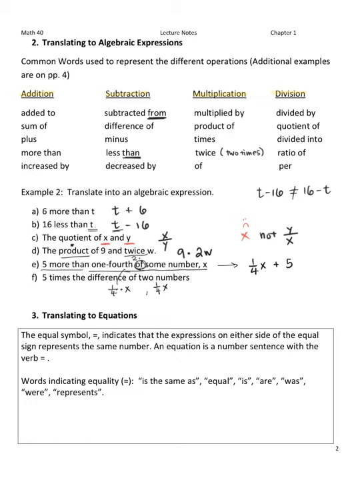All right, F, 5 times the difference of two numbers. The phrase difference of corresponds to subtraction. Now, it just says two numbers, so let A and B represent two numbers.